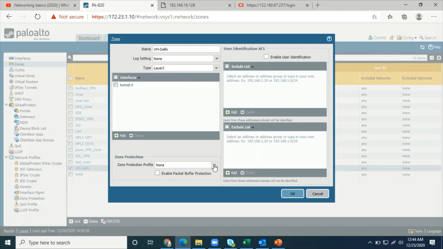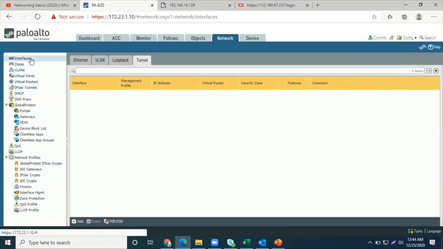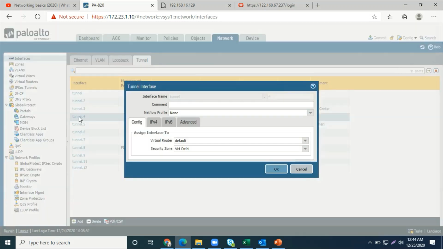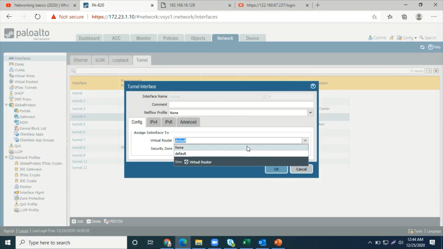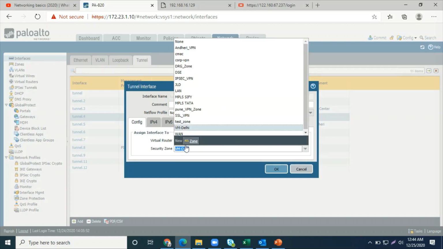Non-protection, no need to define anything there. The tunnel interface is tunnel 4, because I already configured tunnel 4. NetFlow none, and only configure the default router type and the default security zone VM Delhi. I already configured it in zone VM Delhi.